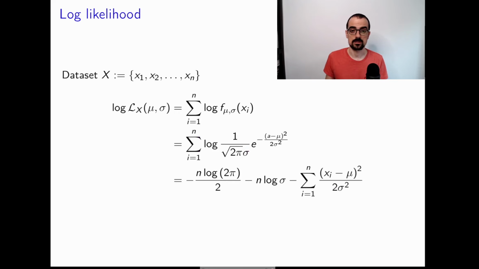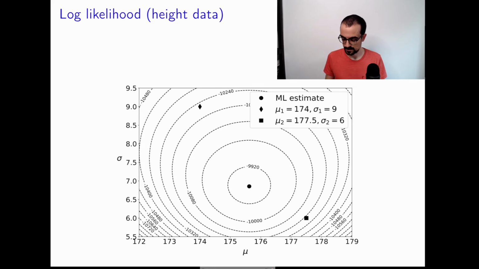We can plot the log likelihood. Now when we plot it, we have two parameters, right? So we're going to have to plot it as a heat map or a contour map in 2D. Okay, and this is how it looks like. We have parameter mu, parameter sigma. For example, for mu equals 175 and sigma equals 7.5, the value of the log likelihood would be, well, something close to minus 10,000.